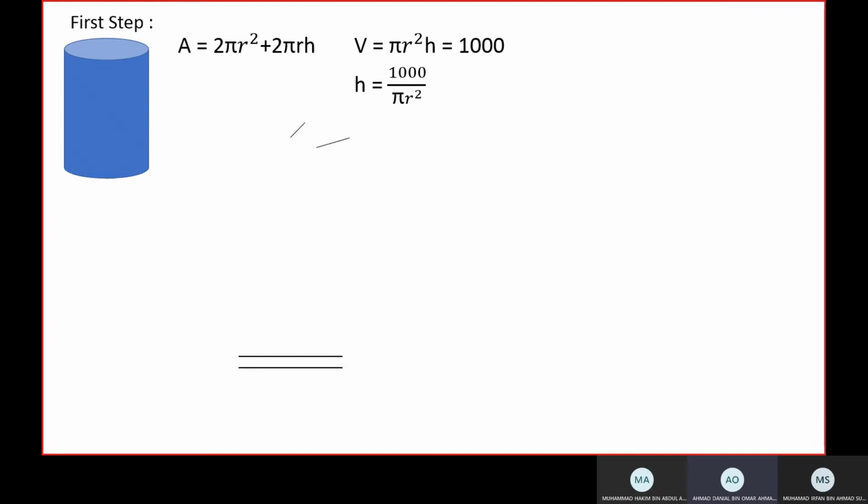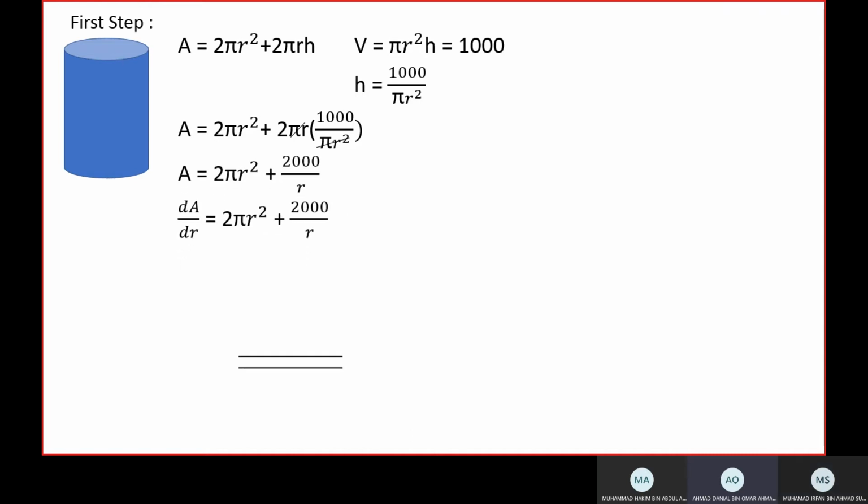So next we substitute the h into the formula, which gives A equals 2 pi r squared plus 2 pi r in the bracket 1000 over pi r squared. Next we simplify it.